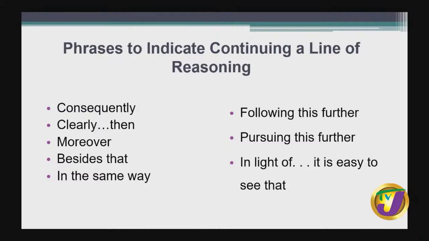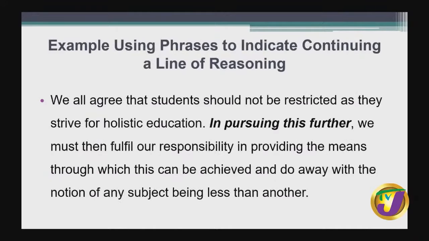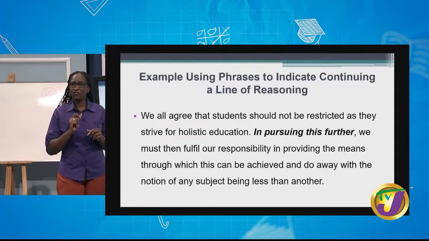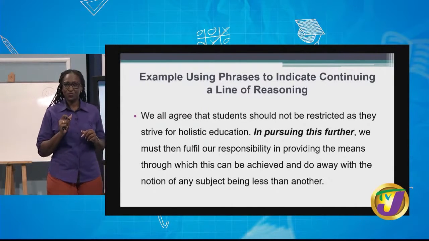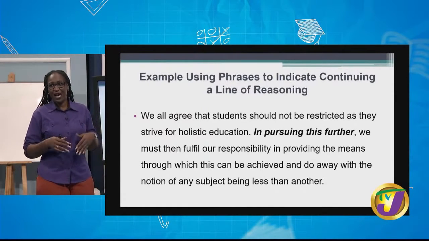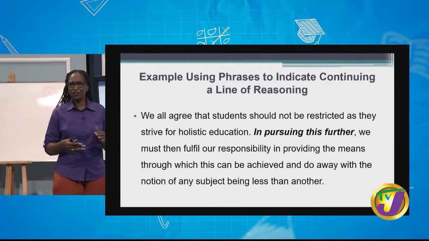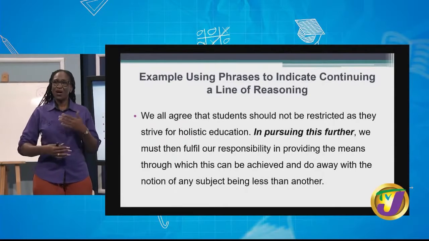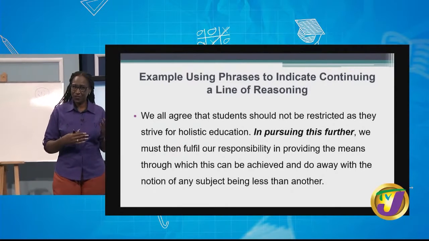So now let's look at some sentences that utilize any of these expressions. So we all agree that students should not be restricted as they strive for holistic education. In pursuing this further, we must then fulfill our responsibility in providing the means through which this can be achieved, and do away with the notion of any subject being less than another. So how have you used in pursuing this further?